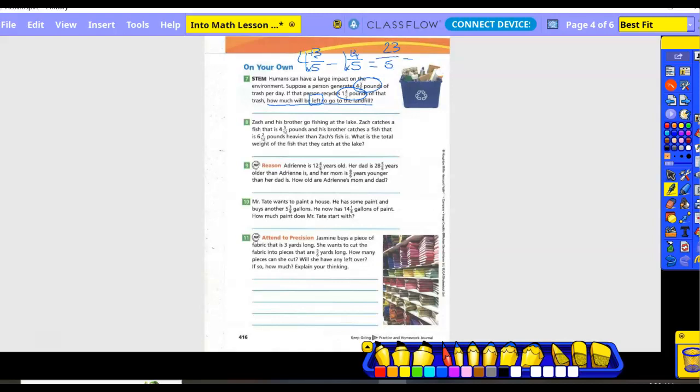Minus, put my little multiplication plus sign. 5 times 1 is what? 5 plus 4 is 9. So 9/5. So what is 23/5 minus 9/5? 23 minus 9 is what, guys?